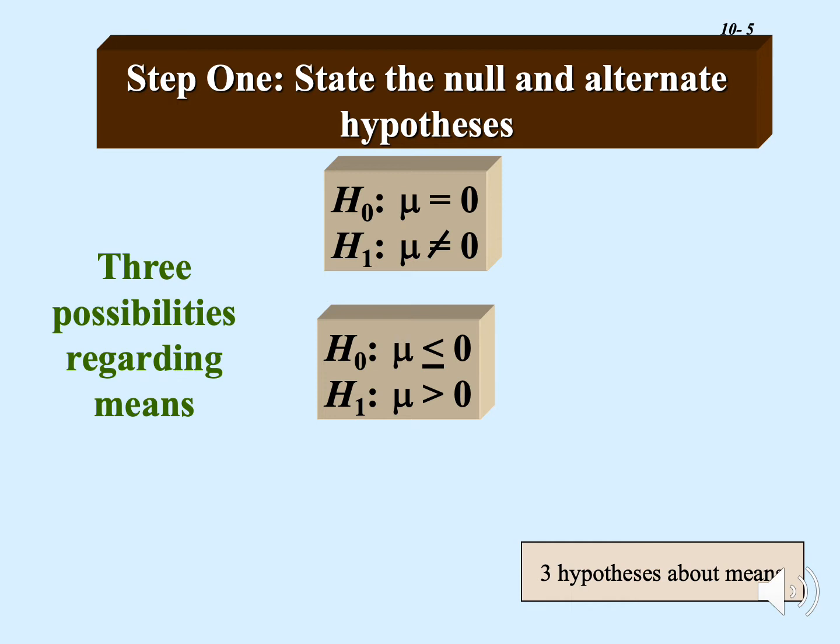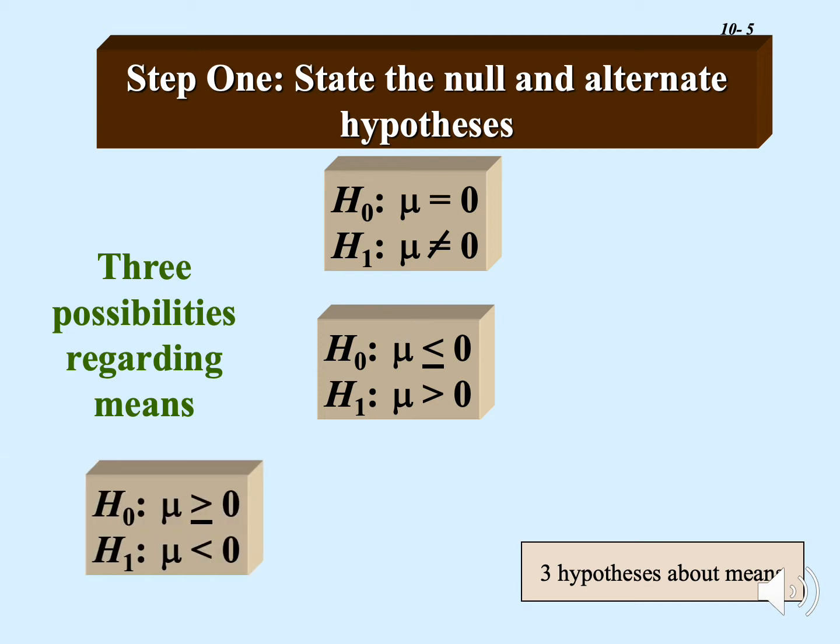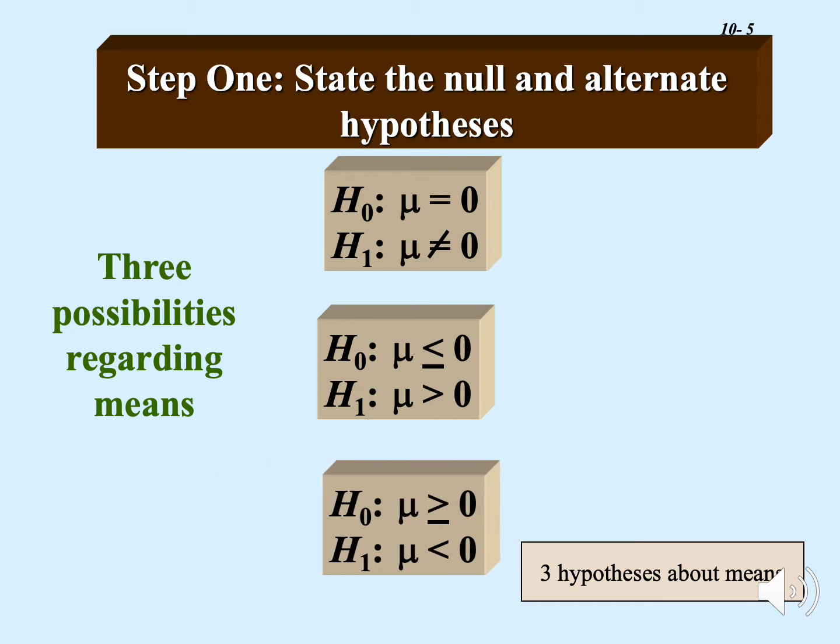When the null hypothesis is less than or equal to 0, of course, in your alternative hypothesis, you are going to state the opposite, greater than. Or the null is greater than or equal to 0, and then the alternative hypothesis is less than. So these two are one directional, and this one is two directional.